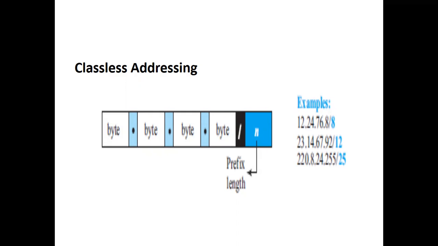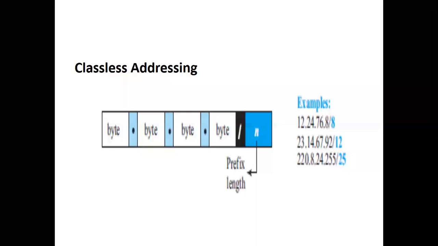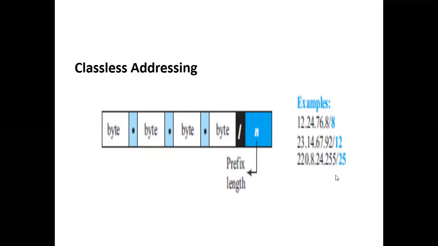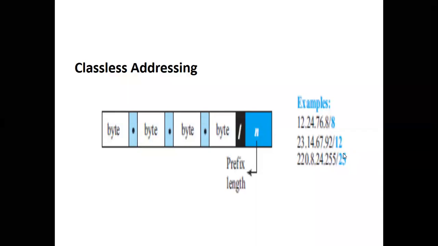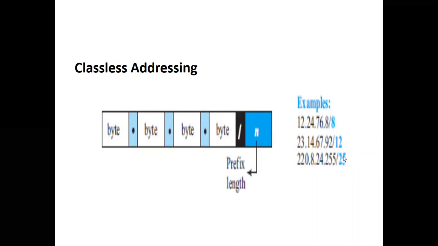In this way, multiple networks can be designed, but there may be certain companies which may have more than 256 machines. Therefore, these variations can be identified. So you can have a /8, /12, /24, /27, /30, /4, etc. So this N value may be different, and it is called the classless addressing technique.